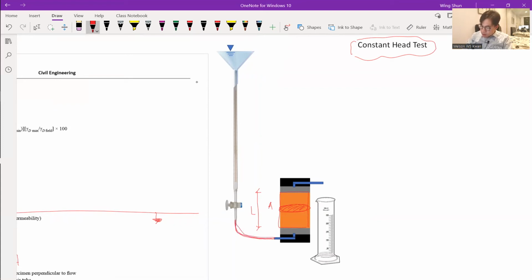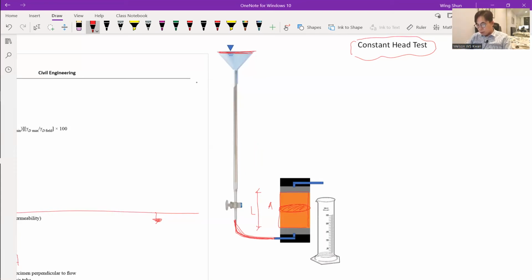For example, we connect the water tubes to the pipette here, and we make sure we have a reservoir supplying water such that the water level stays constant. In the lab, this can be done with a huge water tank, or with water constantly coming in, such that the water level won't change.